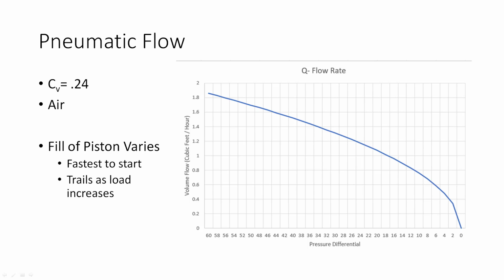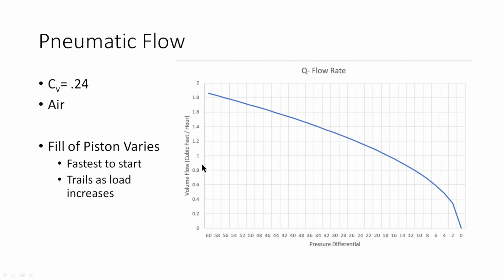And with a fixed orifice, like a solenoid valve that's of limited size, the C sub V happens to be, for those little solenoids I showed you, 0.24, and using air that's about at room temperature. What I see here is the volume in cubic feet per hour is inversely proportional to the differential in pressure.